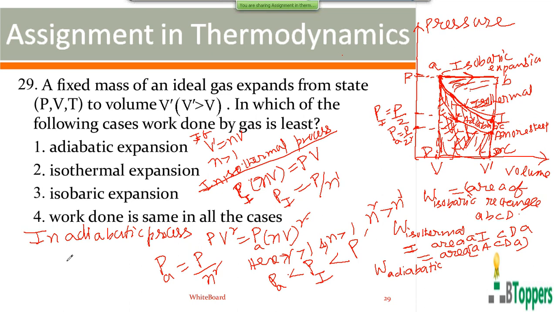Therefore, the work done by the gas in the isobaric expansion is greater than the work done by the gas in isothermal expansion, which is greater than the work done by the gas in the adiabatic expansion.